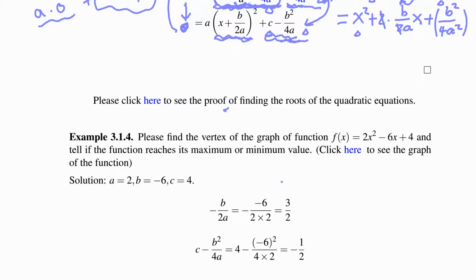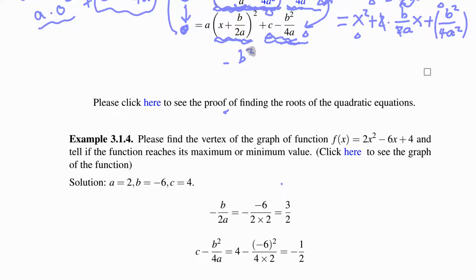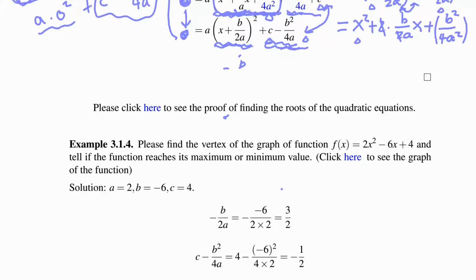You see, by the formula, we shall have x equals negative b over 2a.